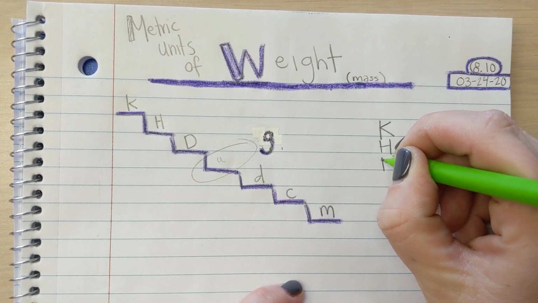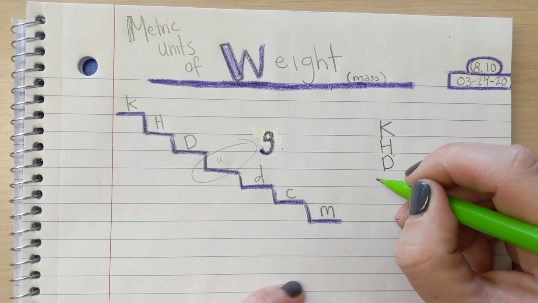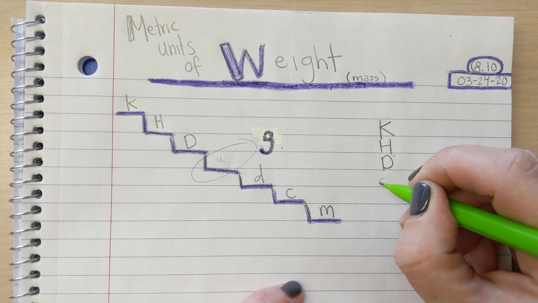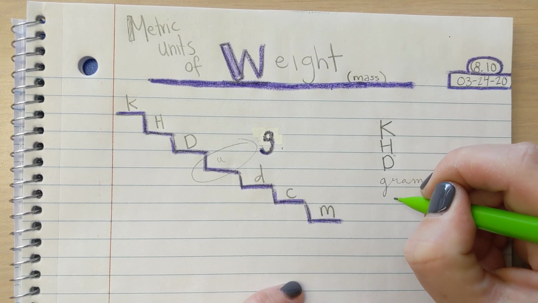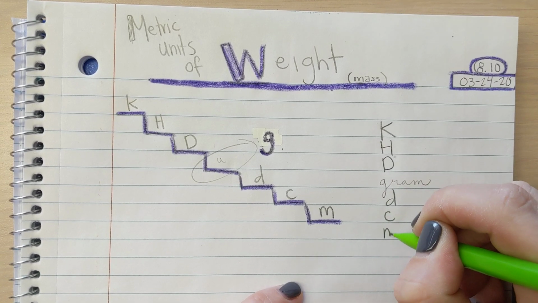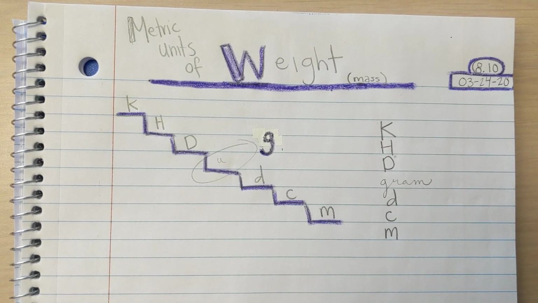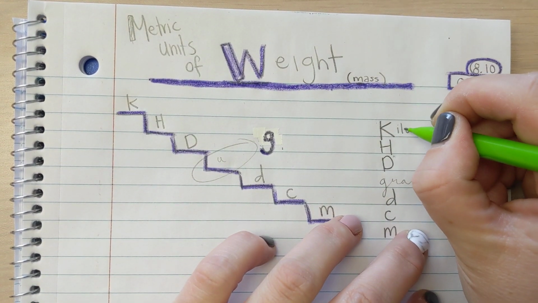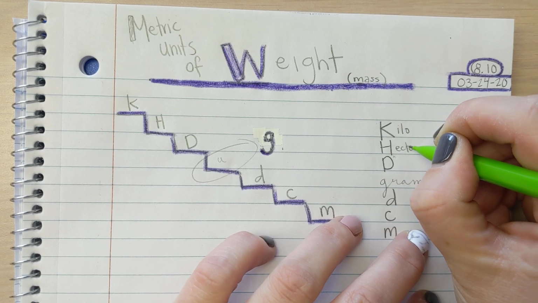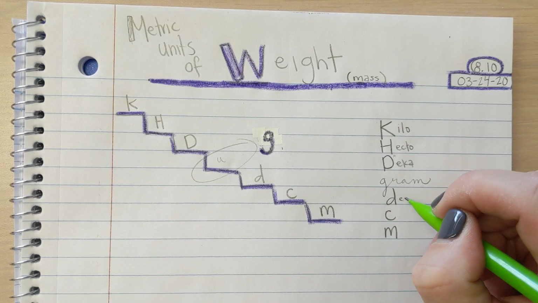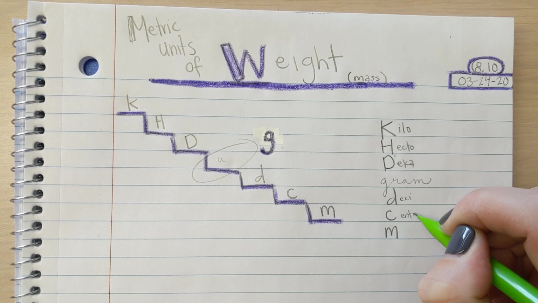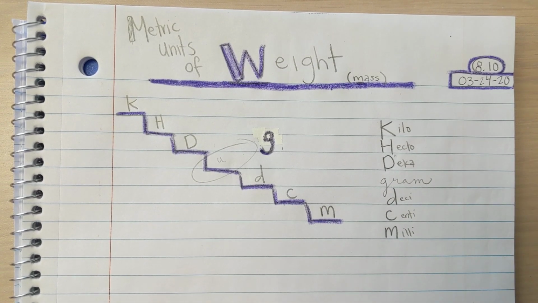So King Henry doesn't usually, in this case it's gram, I'm going to put it like that, and then drink chocolate milk. That's important for you to really know that it's kilo, hecto, deca, gram, deci, centi, milli.